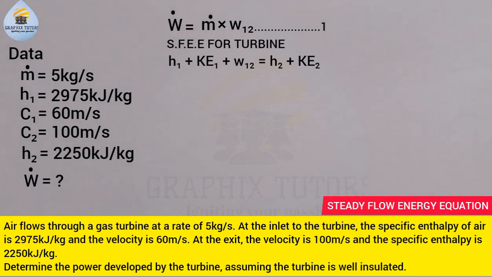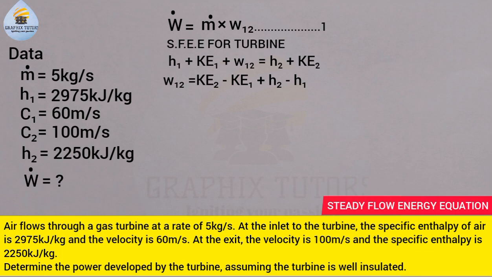If I make the work transfer the subject of the formula, I'll have the kinetic energy at state 2 minus the kinetic energy at state 1 plus the enthalpy at state 2 minus the enthalpy at state 1. And what is the formula for kinetic energy? It is half C squared. We are not using V, we are using C to represent our velocity.